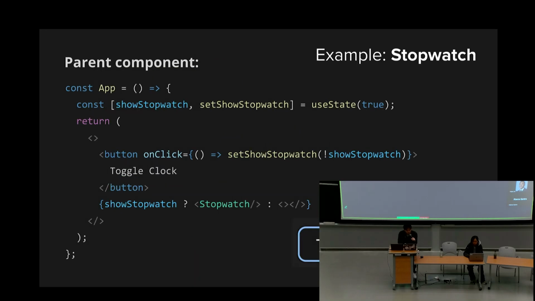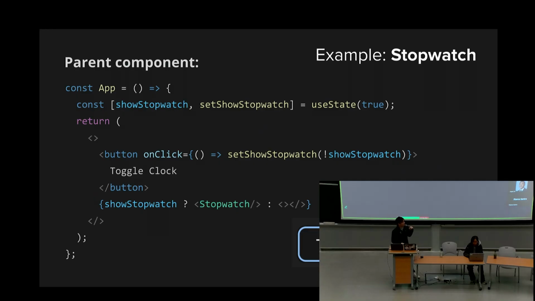And to interact with that, we have our parent component. In the parent component, that's where we have to define a state called showStopwatch. So this is whether or not we are showing that stopwatch. Basically, if you press the button, you can toggle between the stopwatch being open and closed.